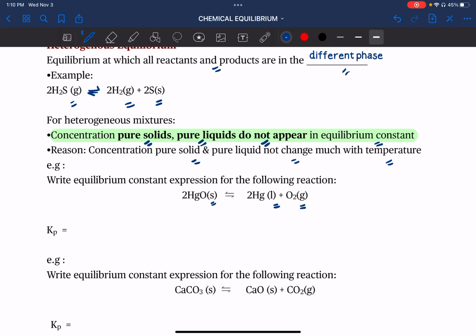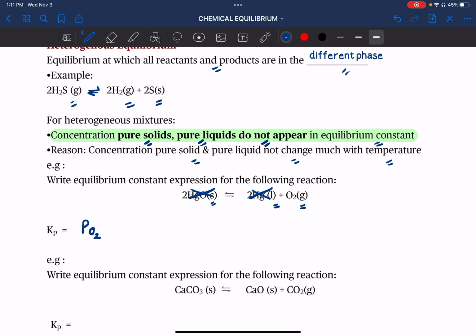So for this case, kita boleh cancel out solid dengan liquid phase. We only consider gas or aqueous phase. So cara tulis dia Kp sama dengan P of oxygen gas. That's it. Okay. Tak perlu masukkan HgO dengan mercury liquid.